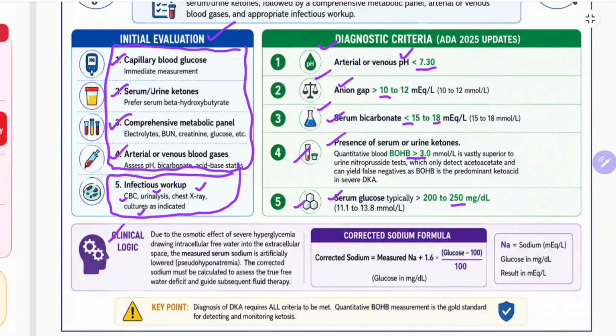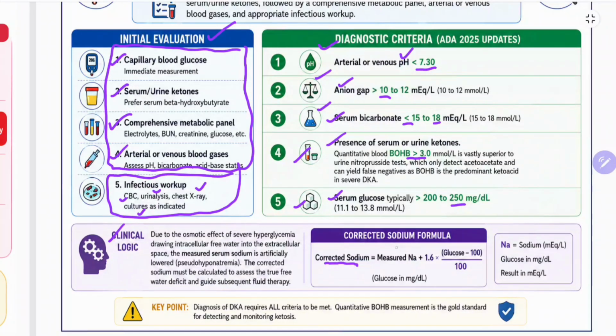The corrected sodium must be calculated to assess the true free water deficit and guide subsequent fluid therapy. So because of the osmotic effect of severe hyperglycemia, which draws intracellular free water into the extracellular space, that will cause dilutional hyponatremia or pseudo hyponatremia. Because of dilutional hyponatremia, corrected sodium should be calculated in patients with DKA.